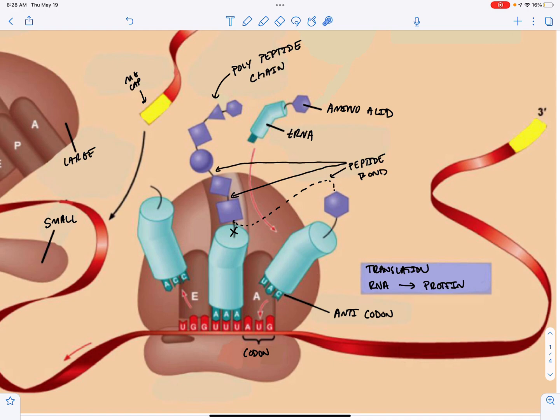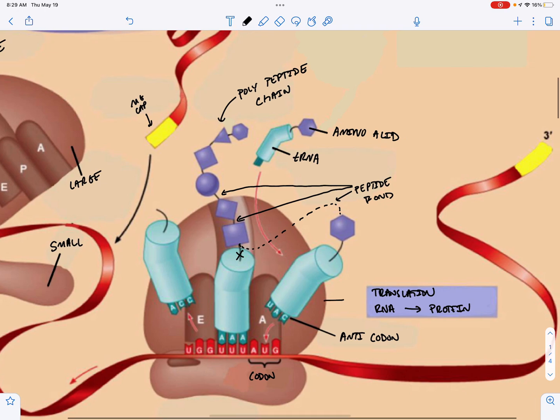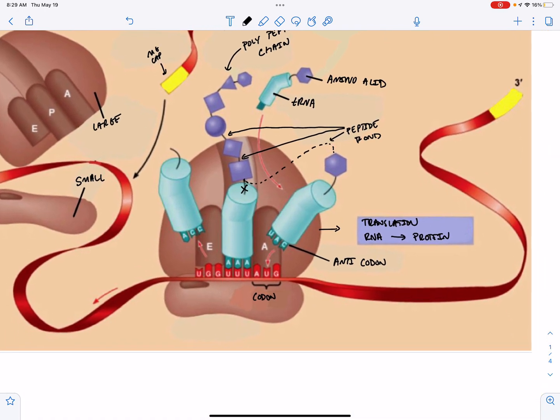And this will effectively transfer this polypeptide chain to the top of this tRNA. And this tRNA, which used to be holding the chain, is now free and is free to leave in the exit site, which you see this tRNA here is doing right now. So the whole chain will be transferred to this tRNA, and the ribosome will shift down 1 codon.